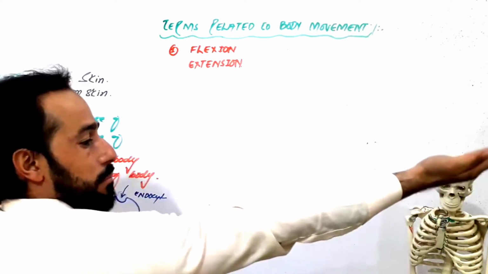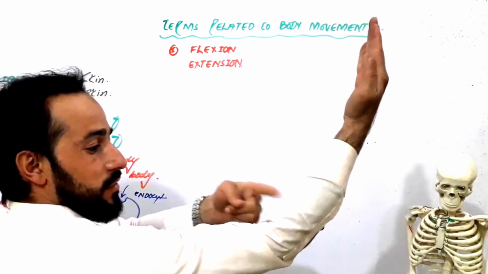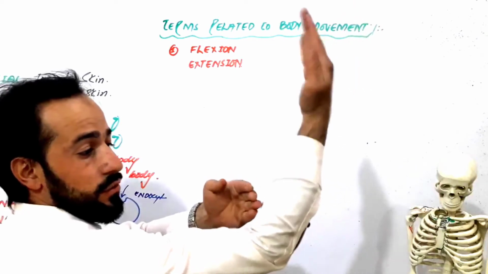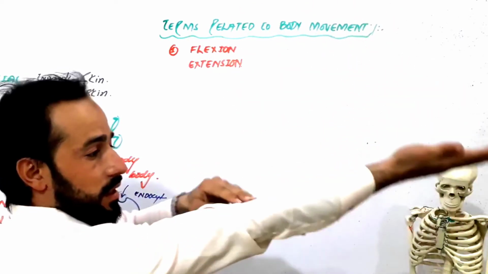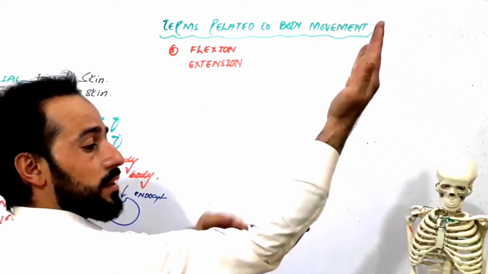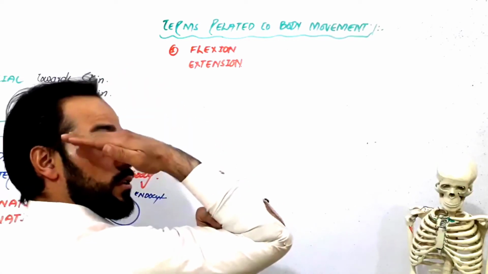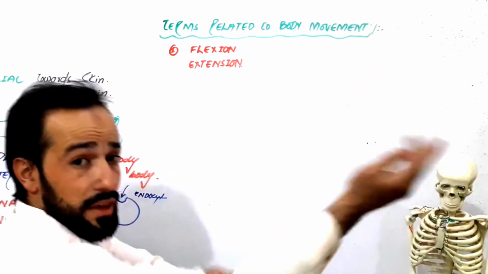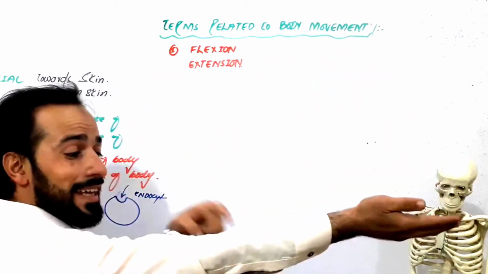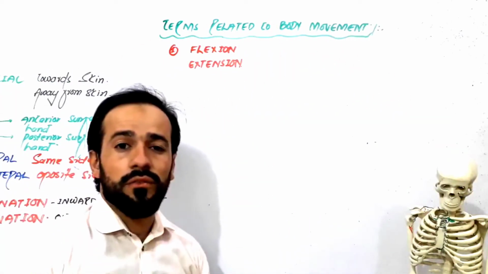Now when I bring my hand forward, the angle is slowly decreasing, 120, 90, 60, 30, right? So that movement in which the angle between two bones decreases is called flexion.